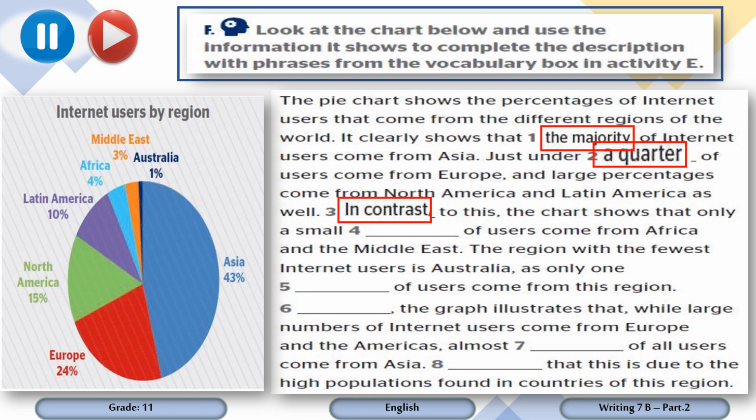So, in contrast to this, the chart shows that only a small, excellent, percentage, we can also use the word proportion. So, a small percentage of users come from Africa and the Middle East. The region with the fewest internet users is Australia, as only one, excellent, 1% of users come from this region.